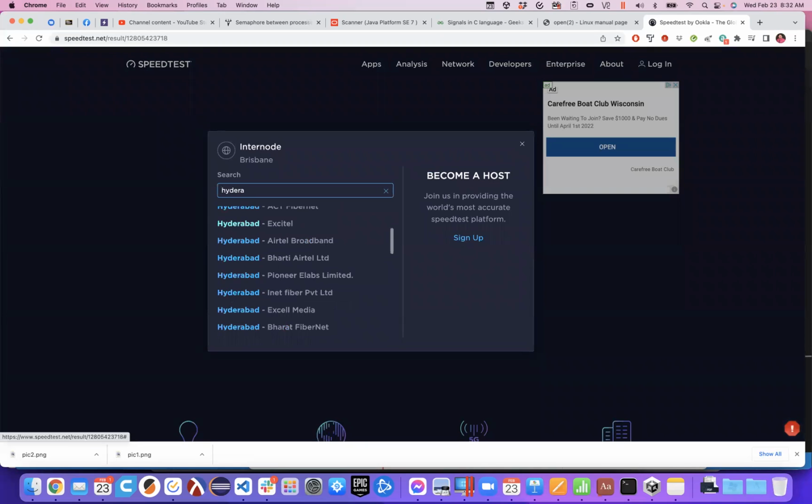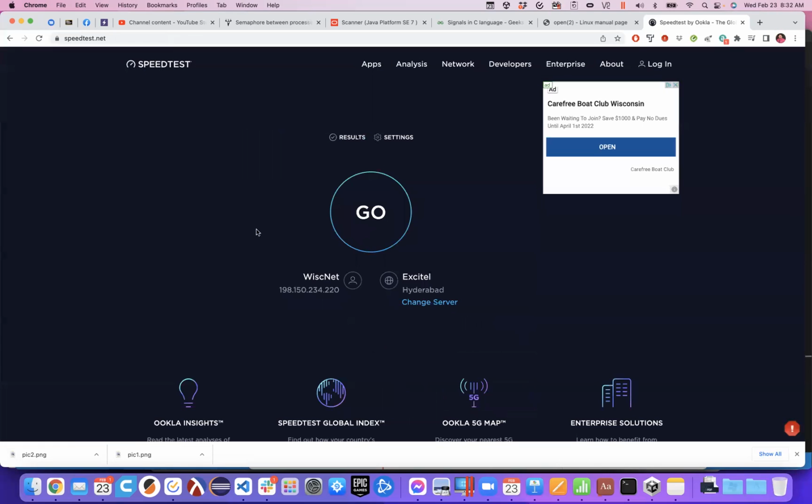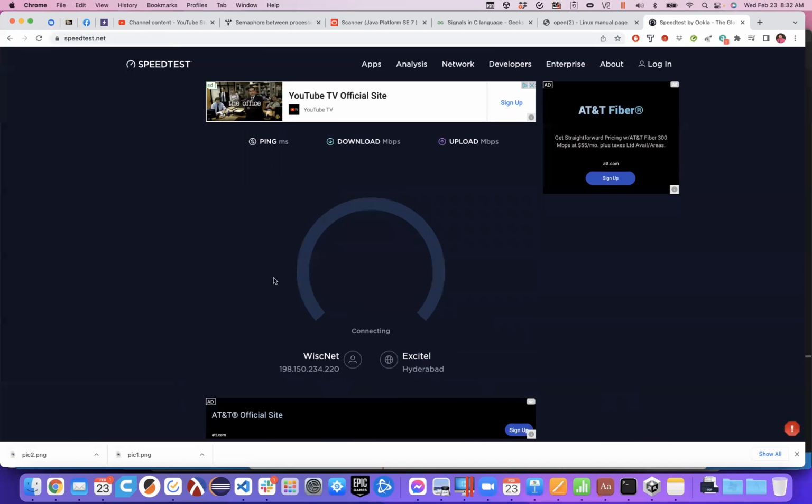Let's go to Hyderabad. For a lot of you, I know Hyderabad is home, or at least in the same country, and several of you are from Hyderabad. I'm going to guess this is faster than Australia, but slower than, oh, it was actually slower than Australia.